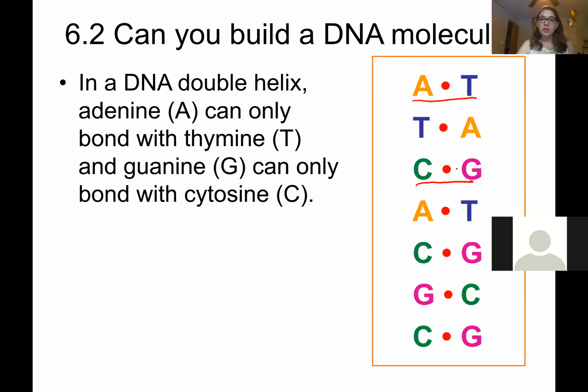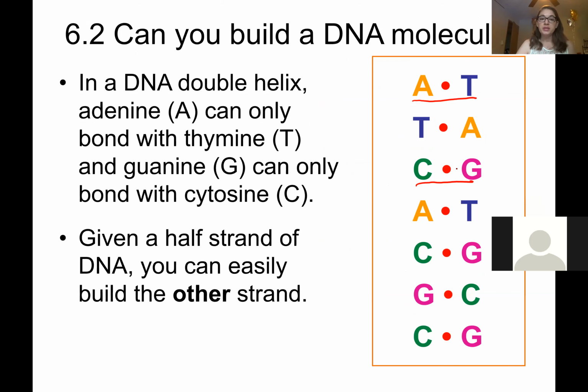So if you know one half of the strand, if you unzipped it and had those nucleic bases just sticking out, you would be able to make the complementary strand because you already have a template.